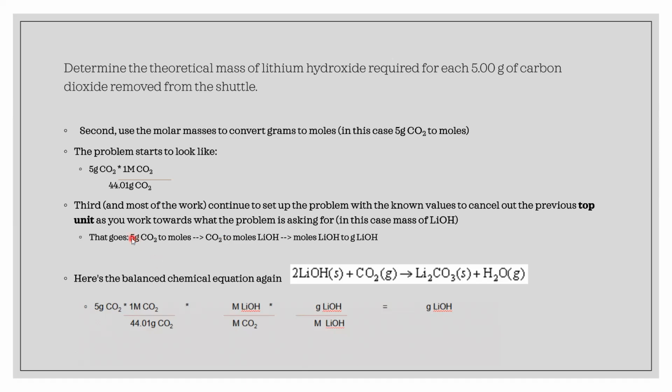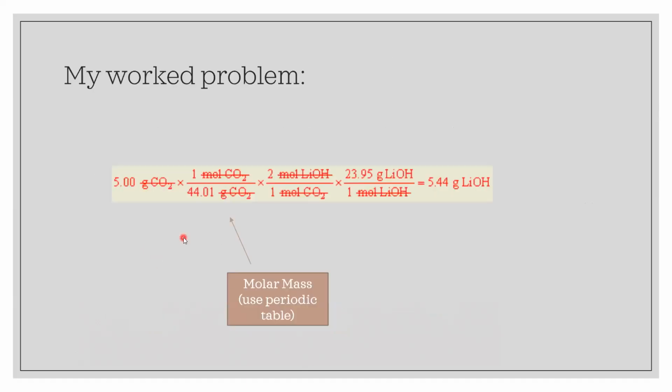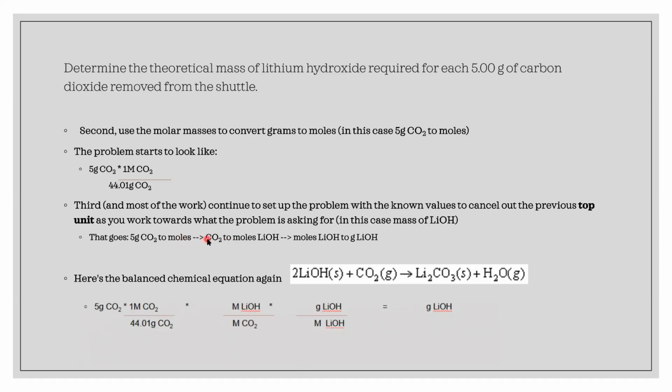So we have that 5 grams to moles business, and then we've got our carbon dioxide moles to lithium hydroxide moles, and then moles of lithium hydroxide to grams of lithium hydroxide. All the things we need are where we start and where we want to end up, our balanced chemical equation, and of course, the stuff we pulled from the periodic table.